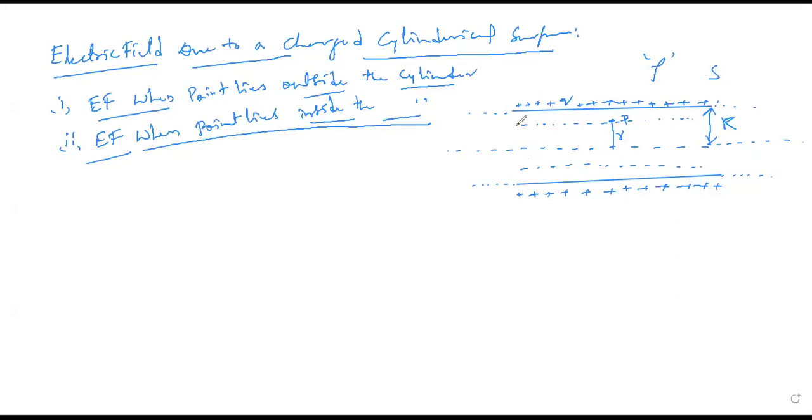So this is my cylindrical Gaussian surface with respect to the point which we have taken inside. This is the point, this is the axis, and this is r. So this is our Gaussian surface.